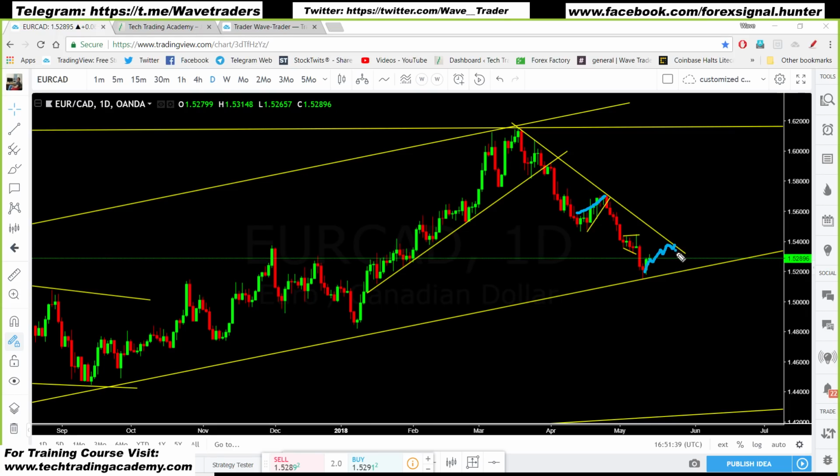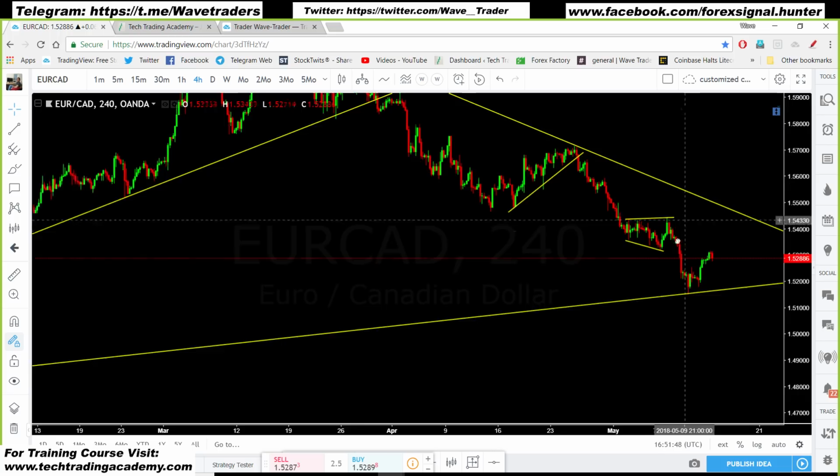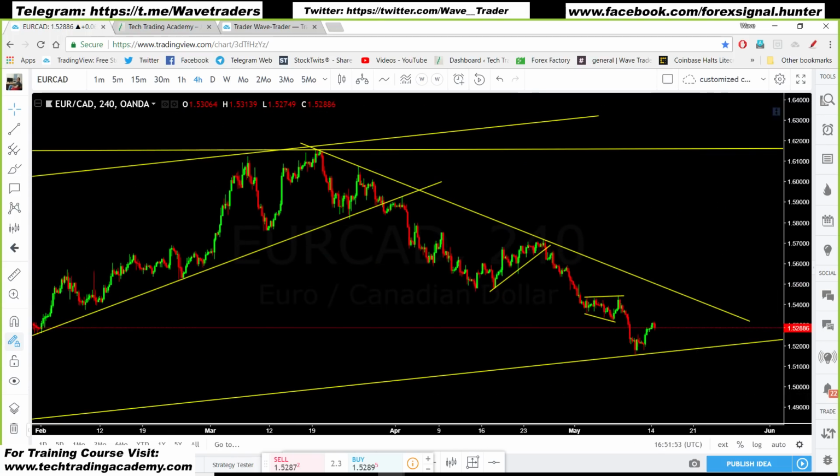If there's going to be a correction, we are still in the downtrend on the EuroCAD. The buy setup is only going to be over there, when price is going to break up that downtrend aggressively. After the aggressive downtrend breakup and correction, there's going to be a buy setup. So we are not looking for that trade right now. We are only going to look for that trade once price breaks up that trend.